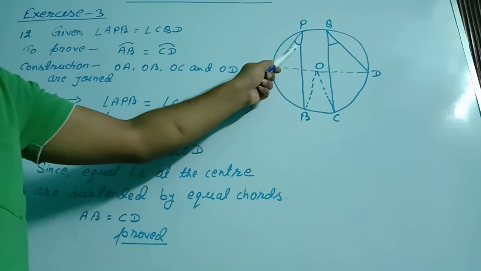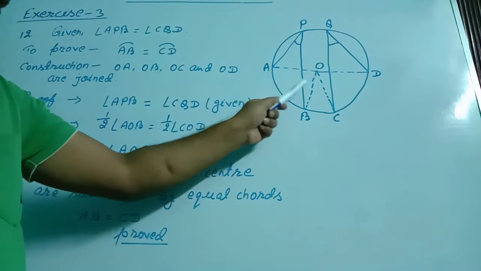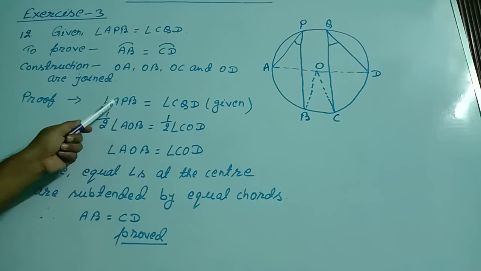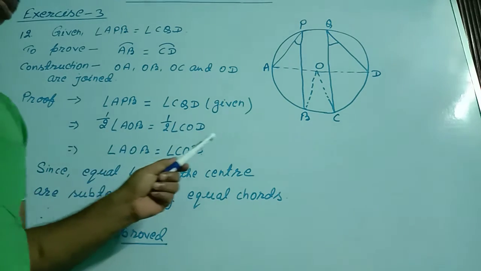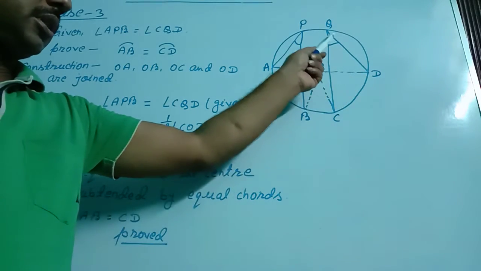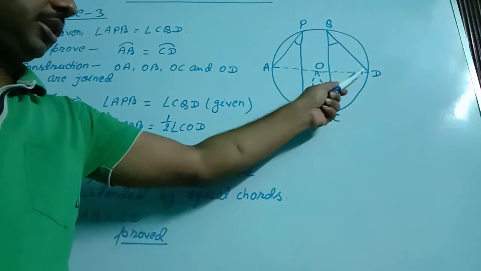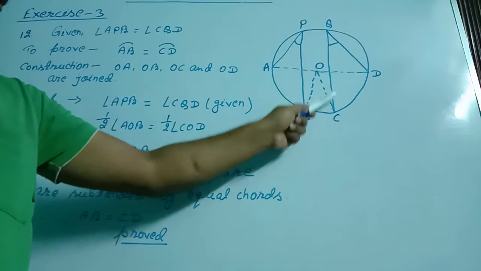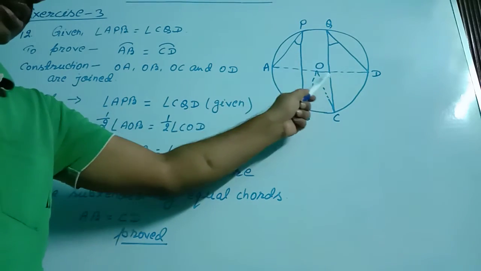So angle APB equal to half of angle AOB, and that is equal to angle CQD, which is half of angle COD, because angle at the circumference is half of angle at the center.